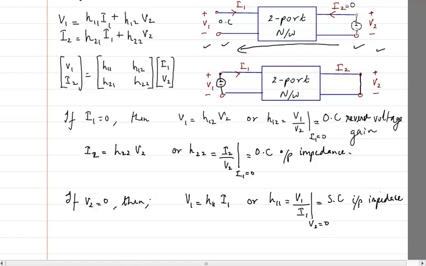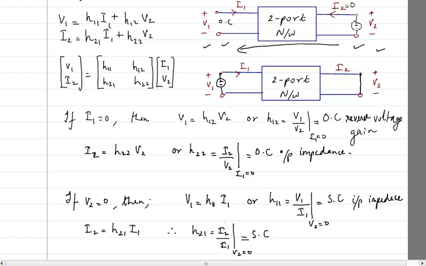Okay, and then the last equation is the second one, I2 is equal to H21 I1 if V2 is equal to 0. Therefore, H21 is given by I2 by I1 when V2 is equal to 0. So what will we call that? Again, that is going to be short circuit.